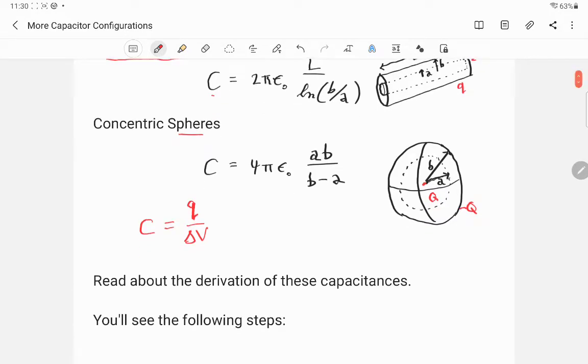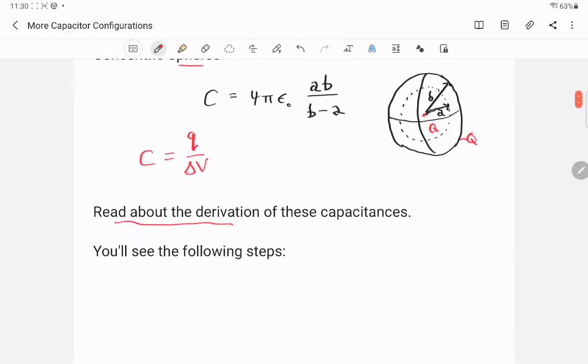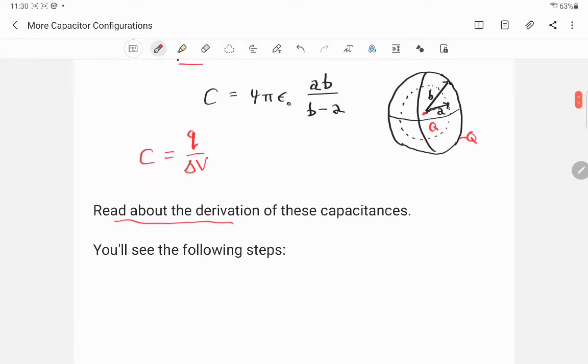Okay, so you can read about these derivations, but I want to point out what you're going to see in terms of a recipe. In the previous lecture, I used the word recipe in the title because this recipe is the instructions.